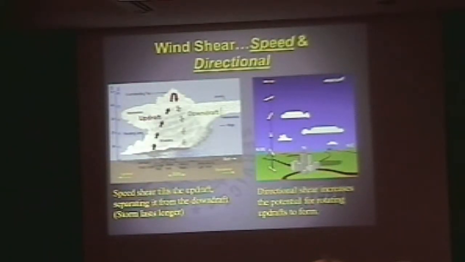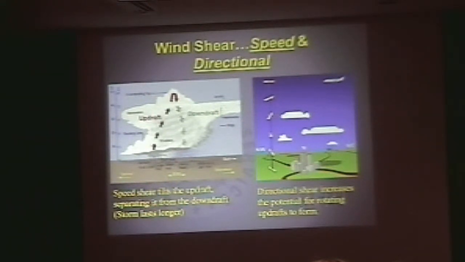How do we get a thunderstorm to start rotating? Why does this thunderstorm rotate and that one does not? Well, in the atmosphere, you have wind from different directions as you go up. Sometimes the wind at the low layers will be from this way, here from that direction.